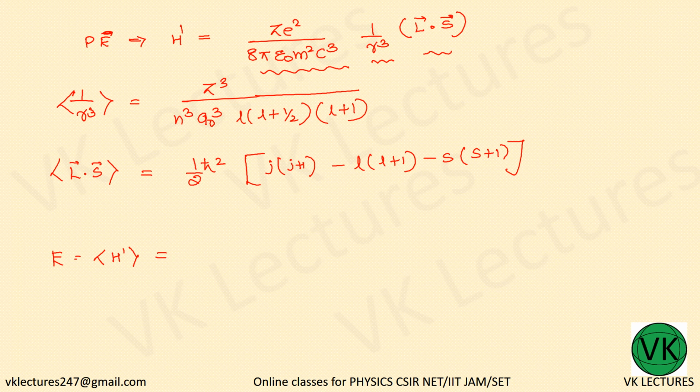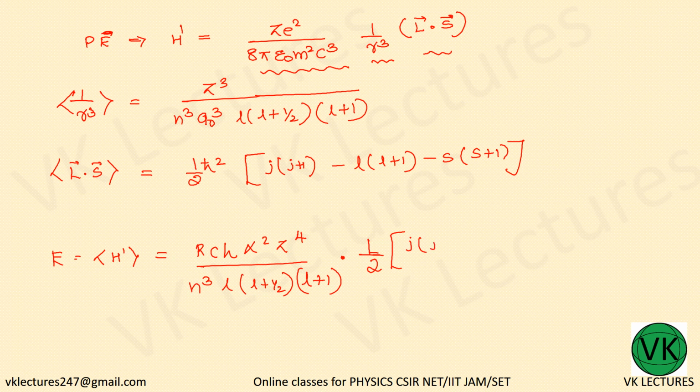Now that can be written as R c h α² Z⁴ divided by n³ L into L plus half into L plus 1, times this L dot S, so times half into j into j plus 1 minus L into L plus 1 minus S into S plus 1.